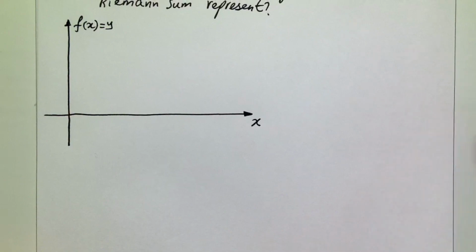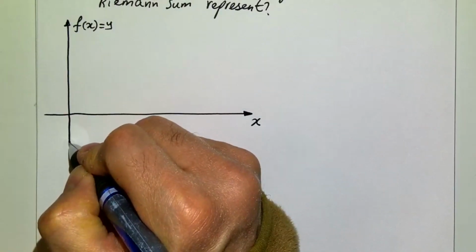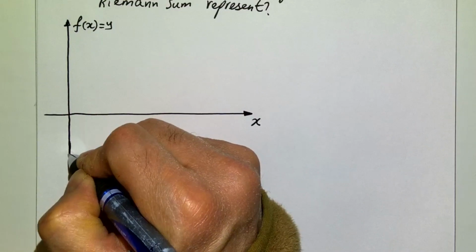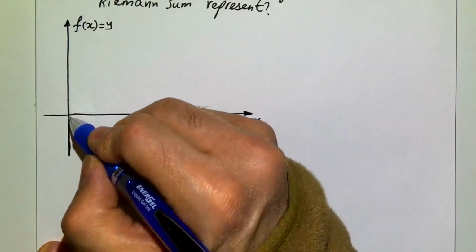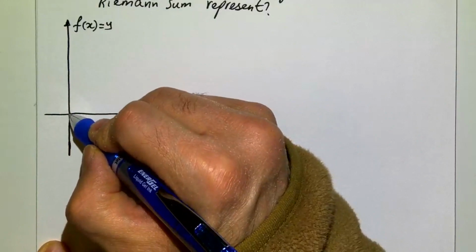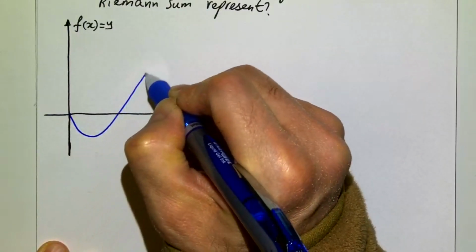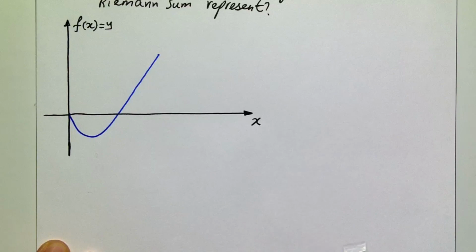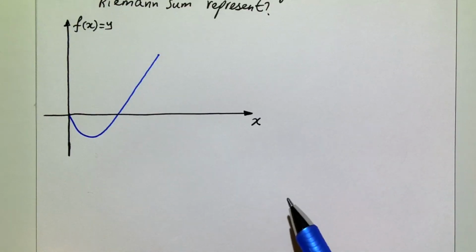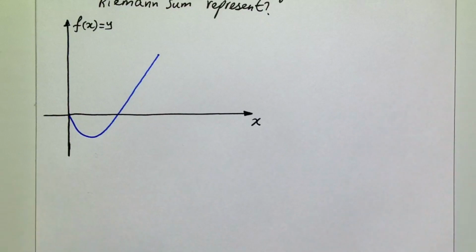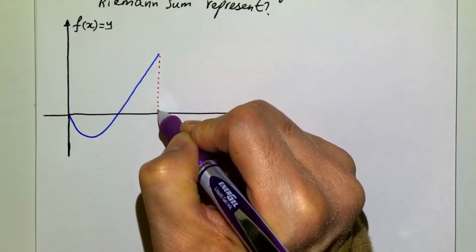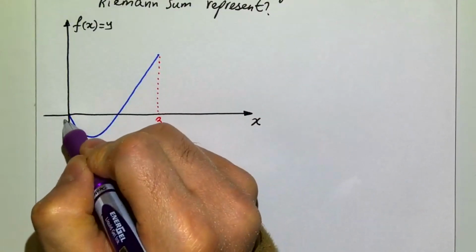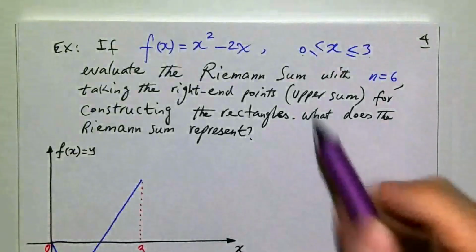And if we graph this function, we get something like this, from 0 to 3. Let me mark this as 3, because that's the interval we're interested in, from 0 to 3.